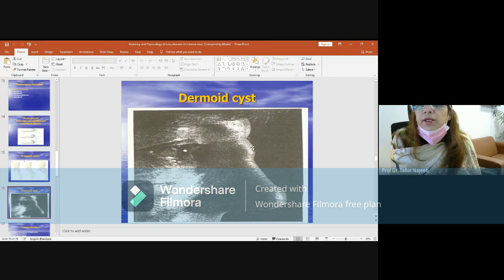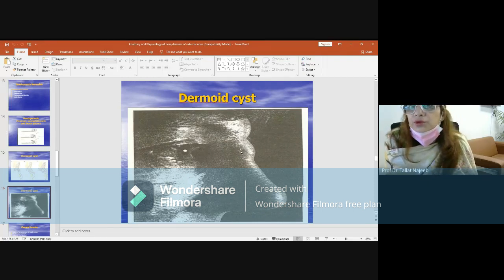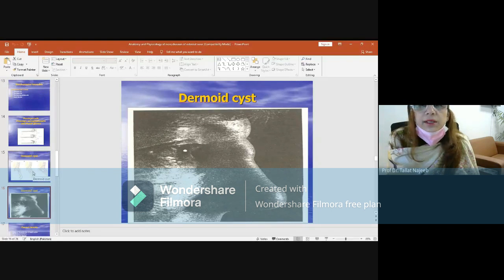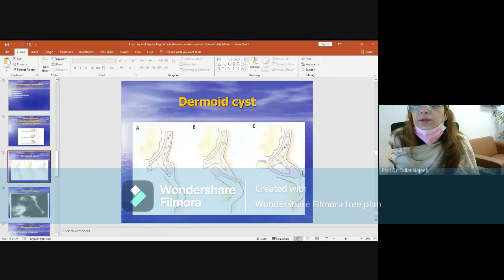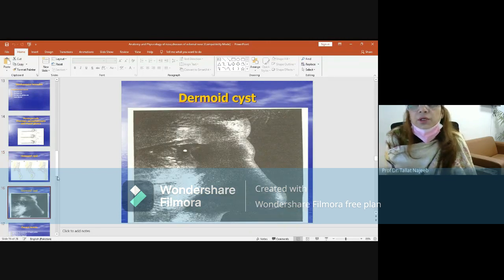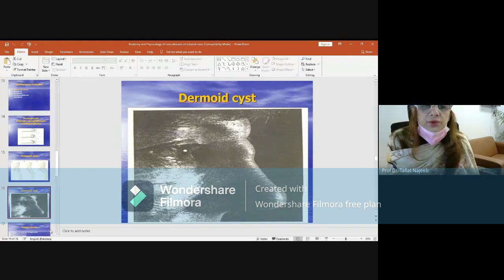If this swelling increases while the patient is coughing or crying, it means it has some intracranial connection. So CT scan and MRI are mandatory before removing the dermoid cyst, because if you remove it and do not seal the meninges, there will be CSF rhinorrhea later on.